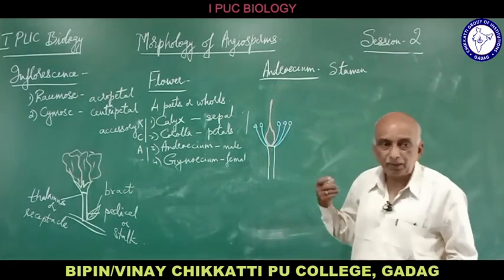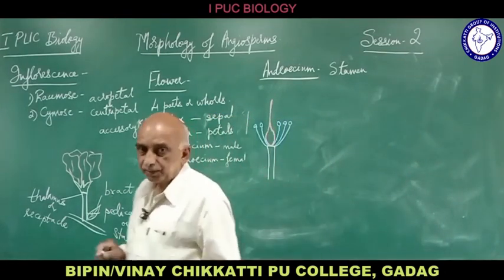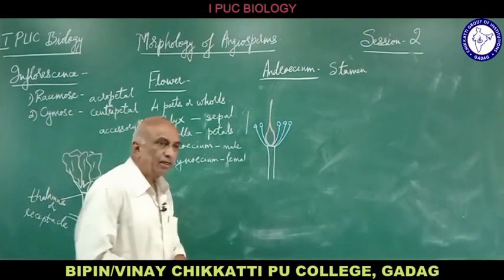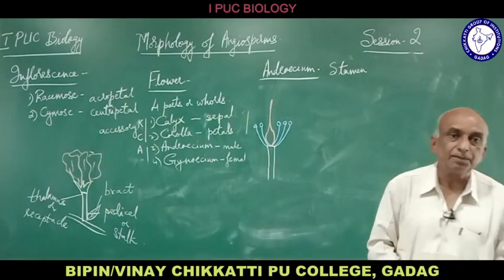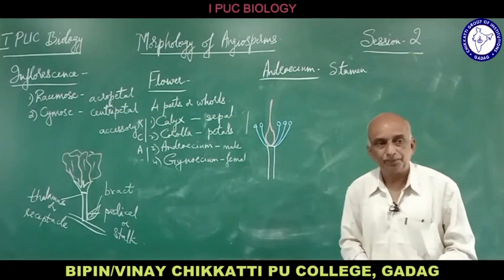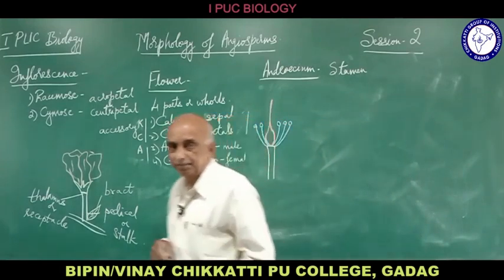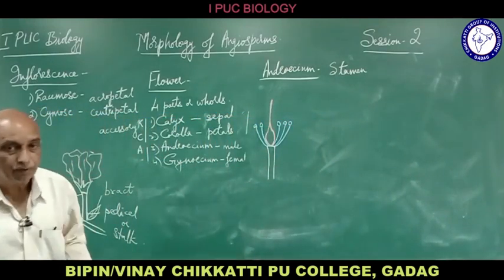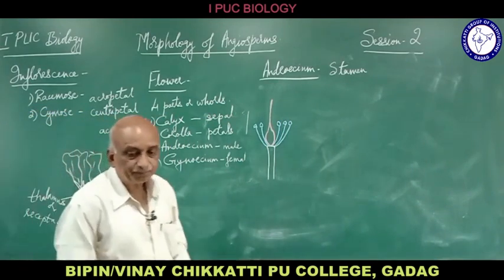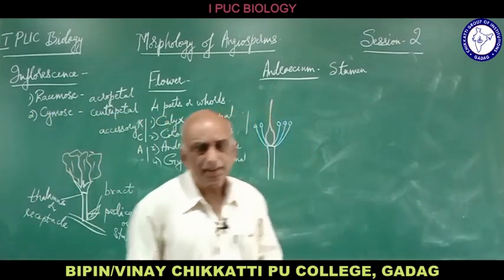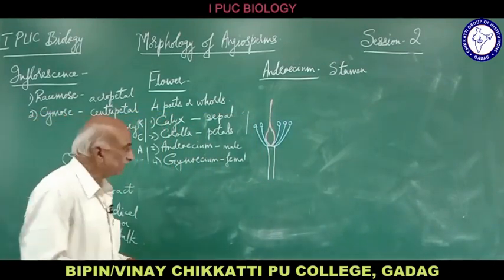So they may not be equal, they may be multiples of a single digit. In certain flowers there are 5 sepals, 5 petals, 10 stamens, that is multiples of 5. Like that there may be 3 or multiples of 3, or 4 or multiples of 4, meaning 4 sepals, 4 petals and 4 stamens, or even 8 stamens, or 12, 16, like that.